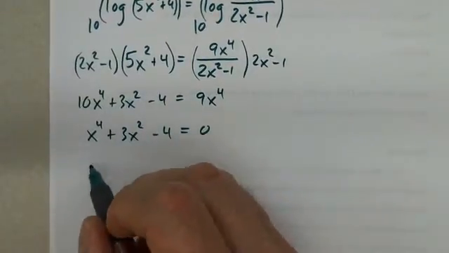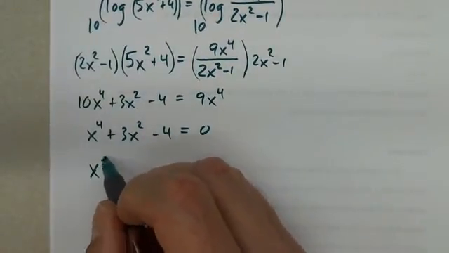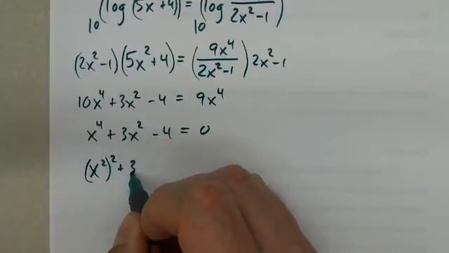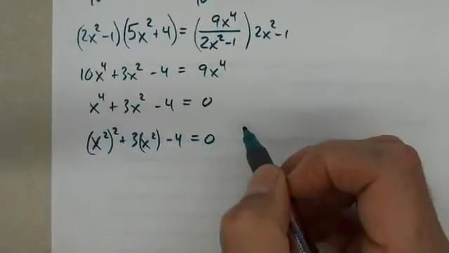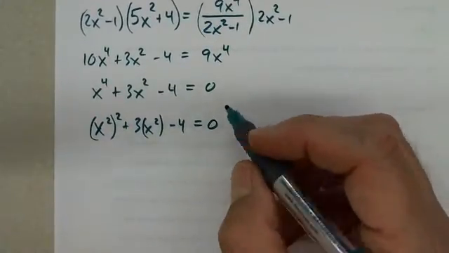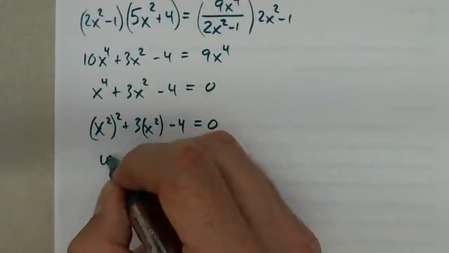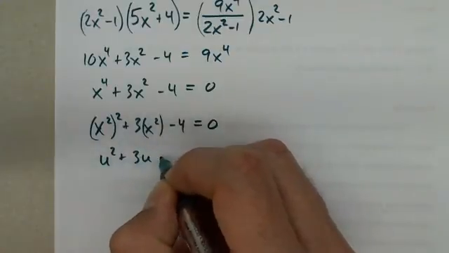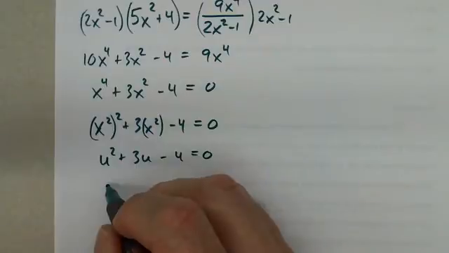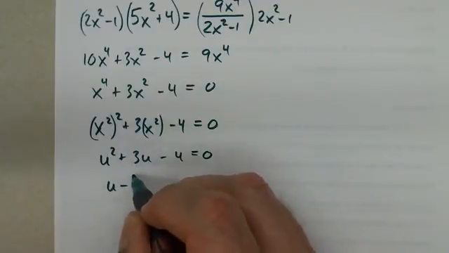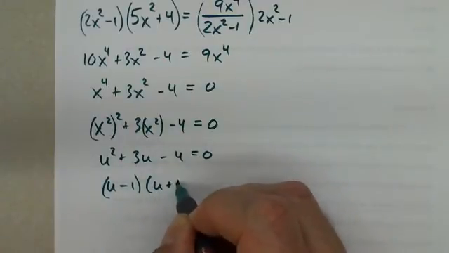Now we have this pattern. And we could think of that as being u squared plus 3u minus 4. And we can factor that to u minus 1, u plus 4.